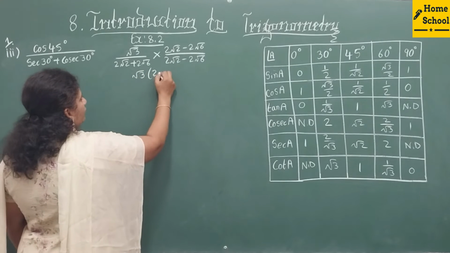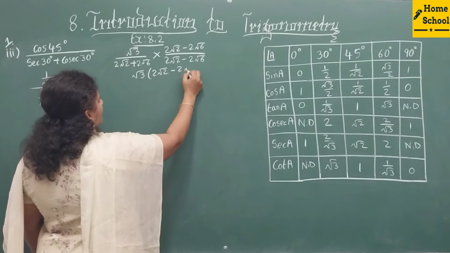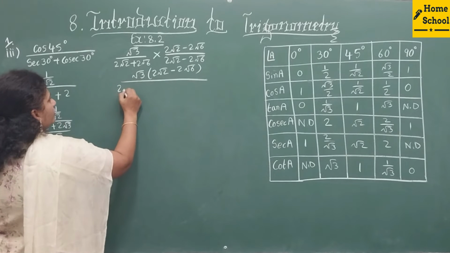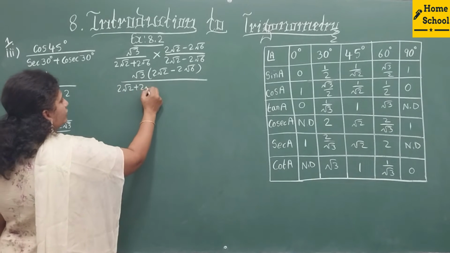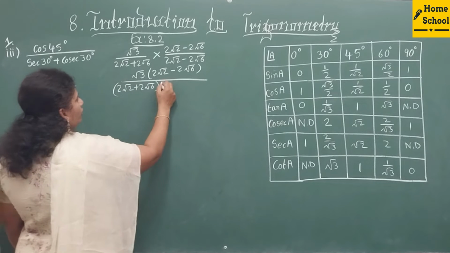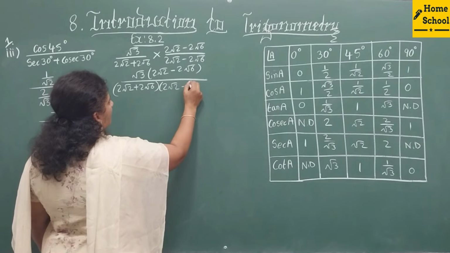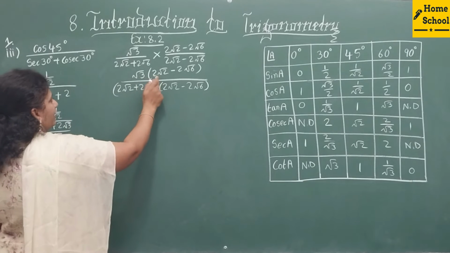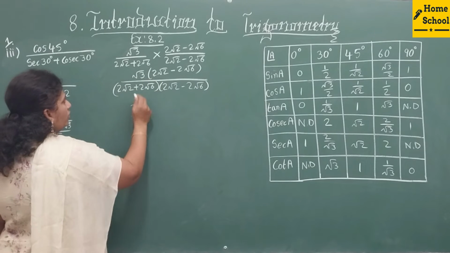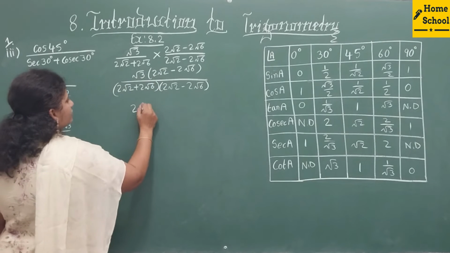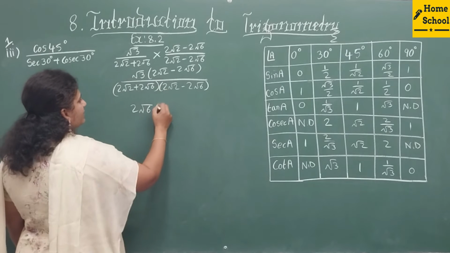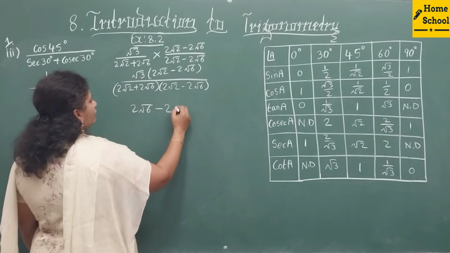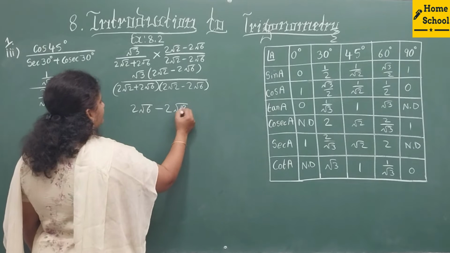Root 3 into 2 root 2 minus 2 root 6 whole, divided by 2 root 2 plus 2 root 6 into 2 root 2 minus 2 root 6. Remove from bracket: 2 into 1 is 2, root 3 into root 2 is root 6. Plus into minus, minus 2 into 1 is 2, root 3 into root 6 is root 18.